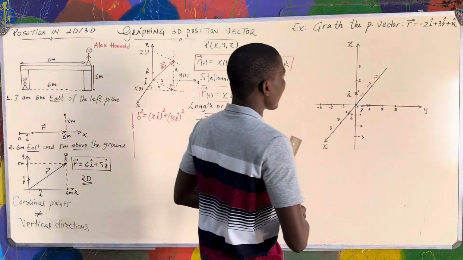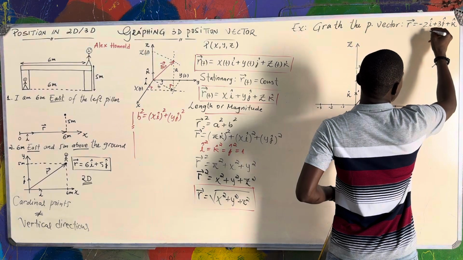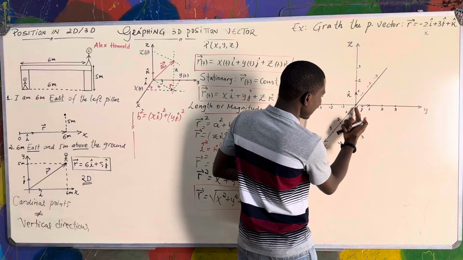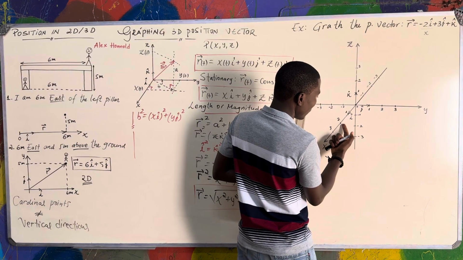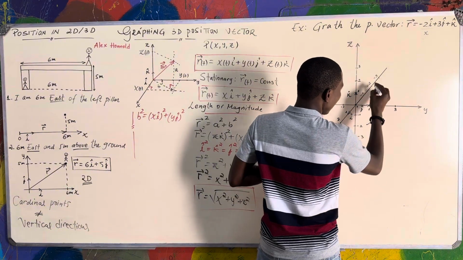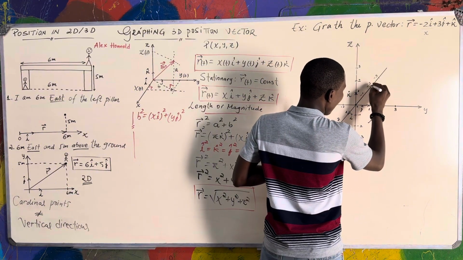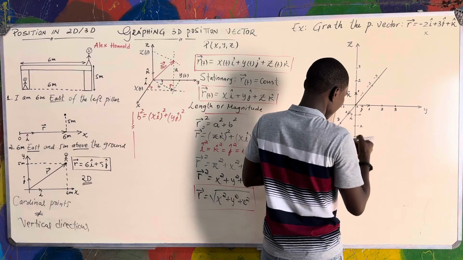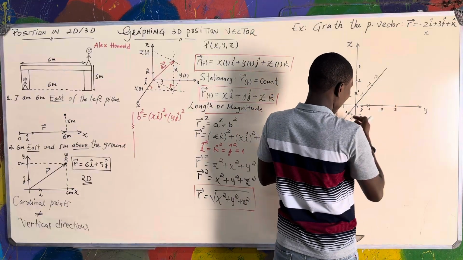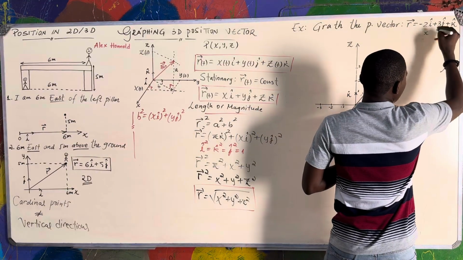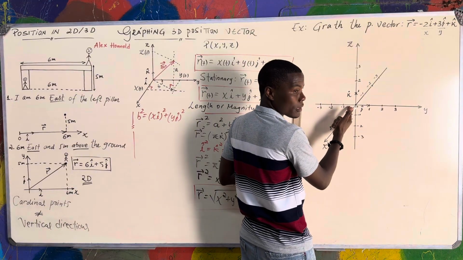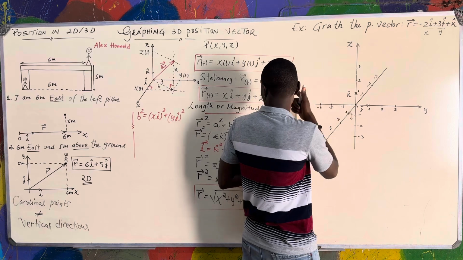So minus 2 i hat is on the x-axis. We have here 1 i, 2 i, 3 i, minus 1, minus 2. So the first point is this. And from this point onwards, we're going to move along y. Otherwise, we'd be obliged to use the parallelogram theorem.